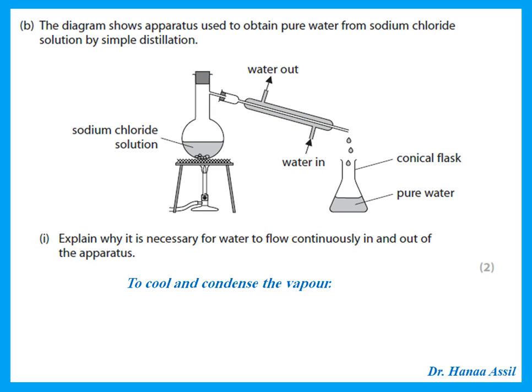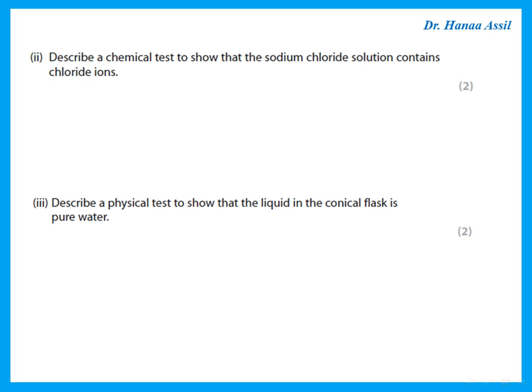So when you heat the sodium chloride solution, the water boils, the water vapor goes through the condenser. The water that surrounds it will cool and condense the vapor so that pure water is collected in the conical flask.